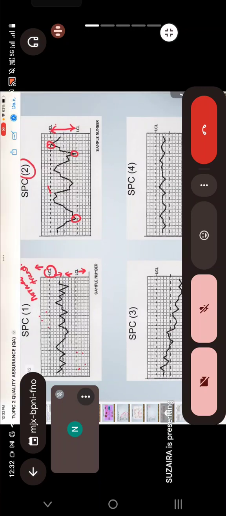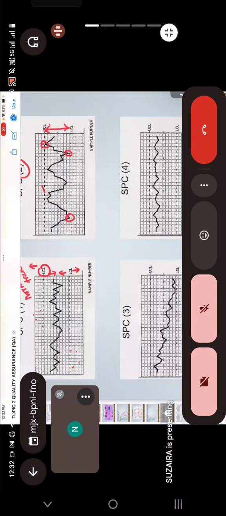And then SPC number 3, the trend starts at the beginning of production and goes from upper to lower. This one is considered a downtrend. And here it is only covered in between the CL and UCL.